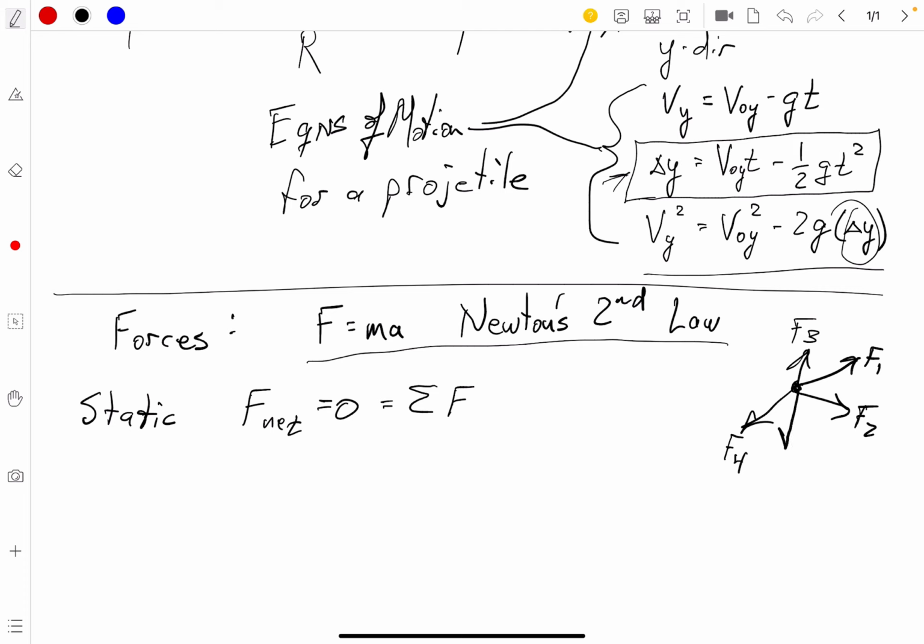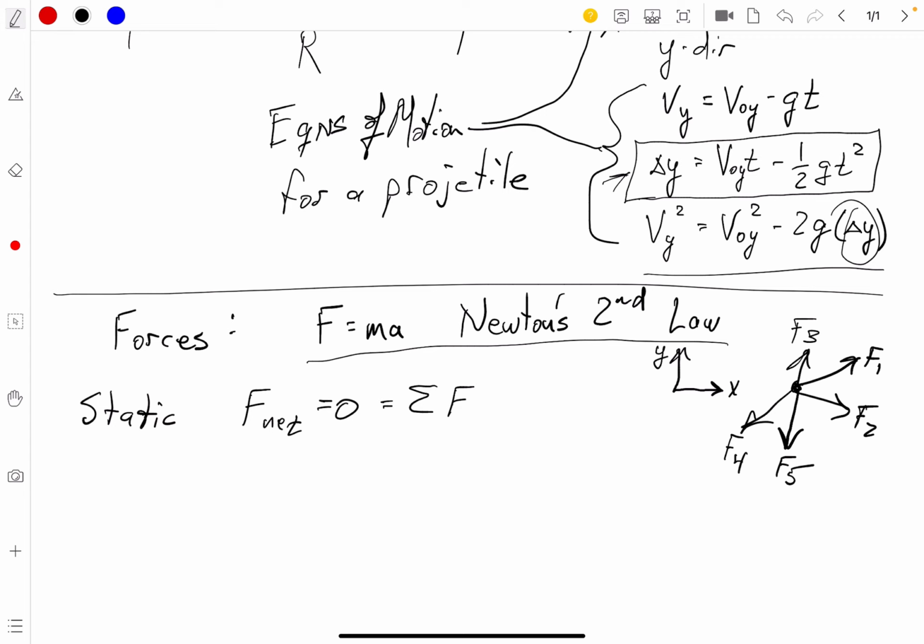Let's put gravity in there. Okay, so we've got all these forces. What does that mean? Well, we decide what's up and what's down and what's positive and negative. Like maybe we do something like this, positive x, positive y.